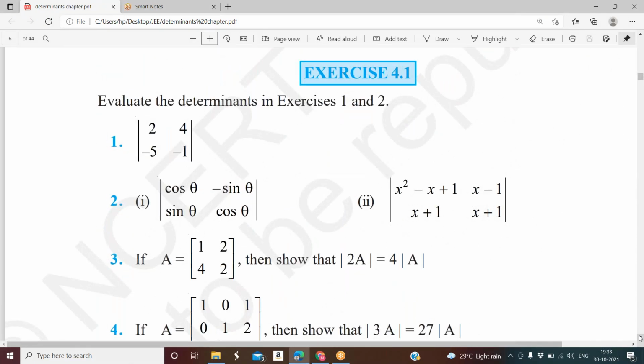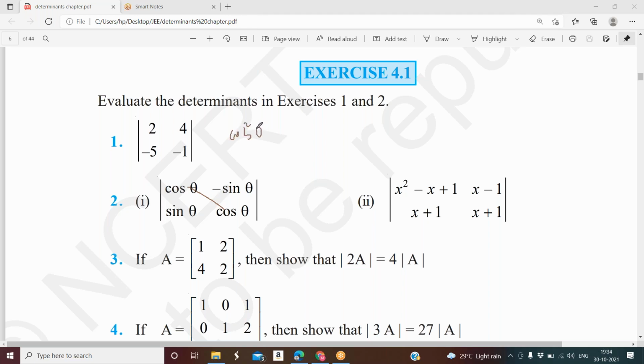So here some entries are given. How will you find the determinant of this matrix? It's a 2 by 2 matrix. We need to expand this determinant, right? So first we have to come downward. Cos theta into cos theta is cos square theta.